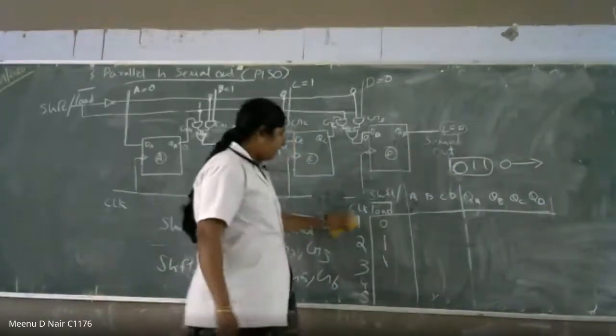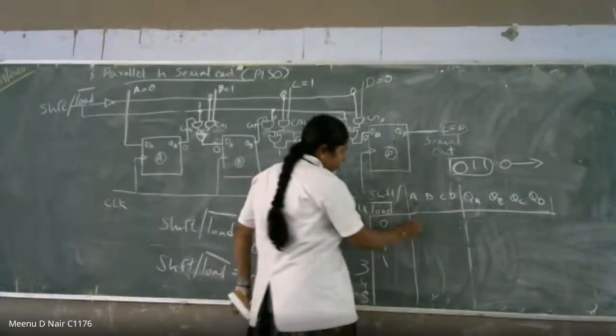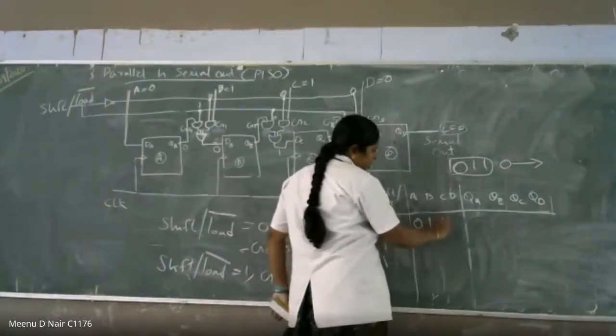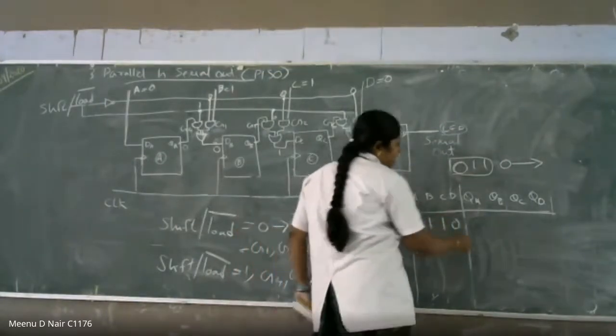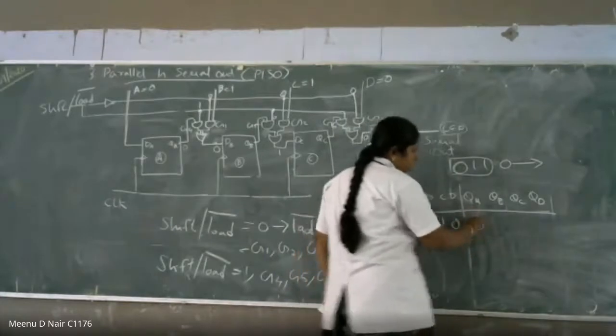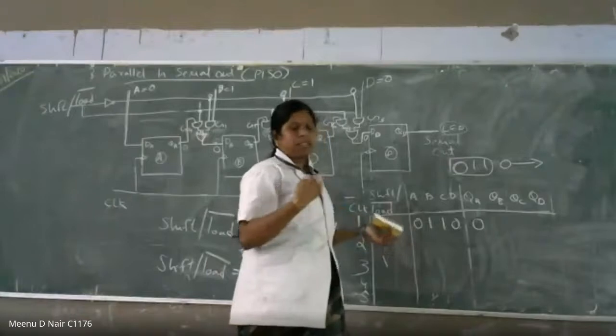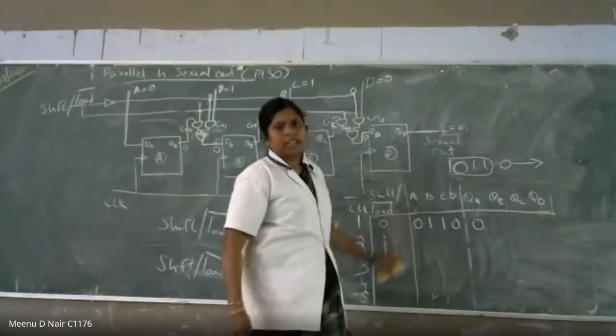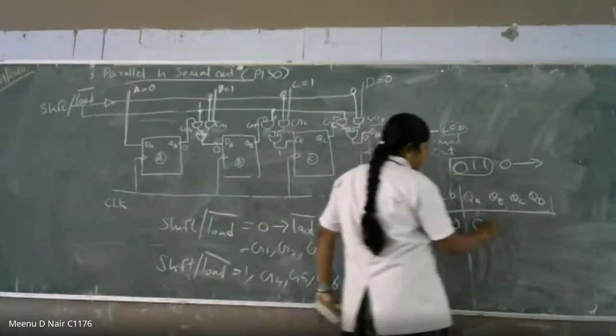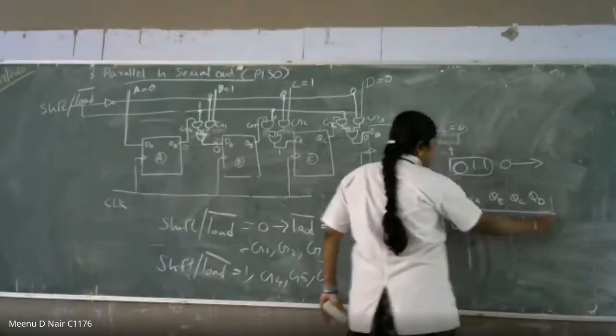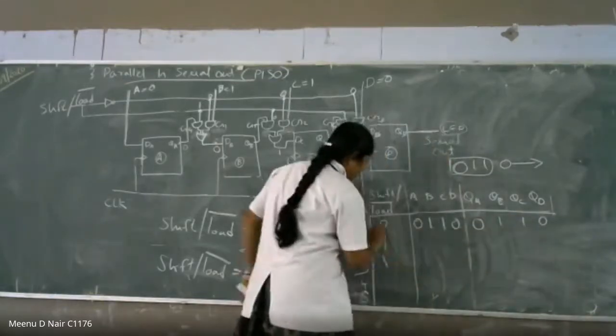So first, during the first clock pulse, you are loading the data as 0, 1, 0, 0, 1, 1, 0. So QA is equal to 0. It is a D flip flop, so it will produce the same input at the output, whatever is there at the input side. So 0, 1, 1, 0. This is about your first clock pulse.